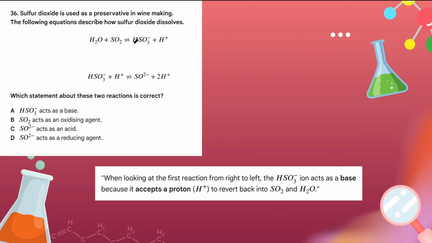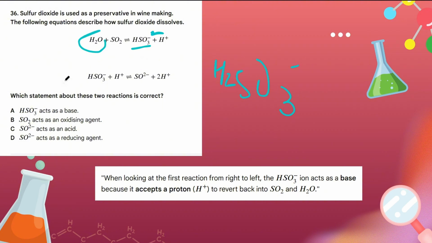Yes. Why is it acting as a base? Because it gets an H here, and then it's supposed to be H2SO3, but it separates again because it wants to be water, so it turns to H2O and then it gets SO2. This is a good correction.